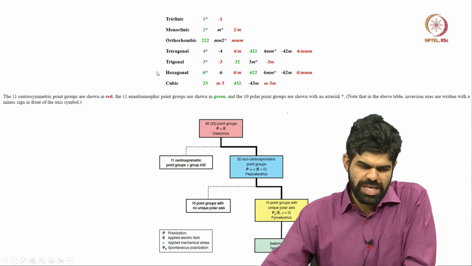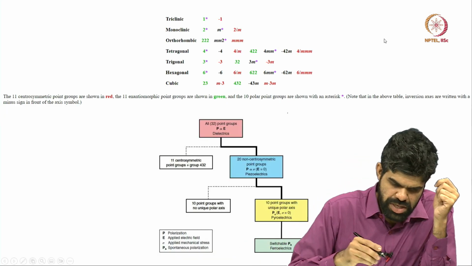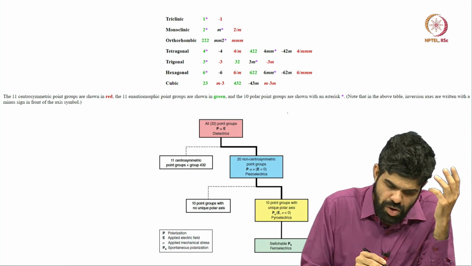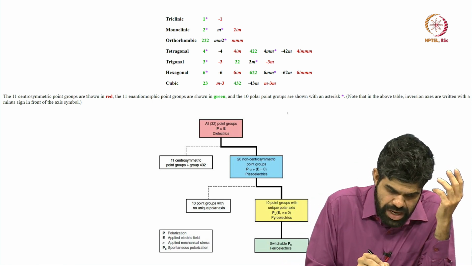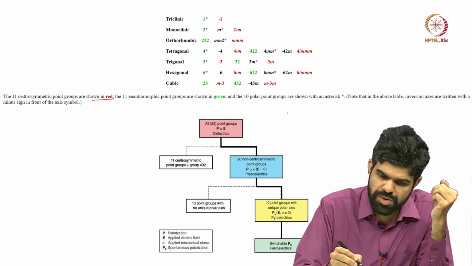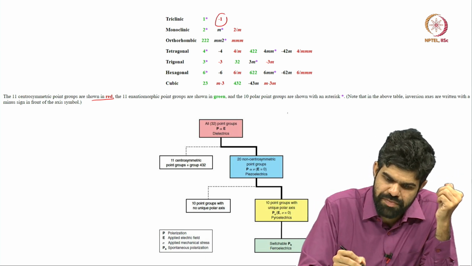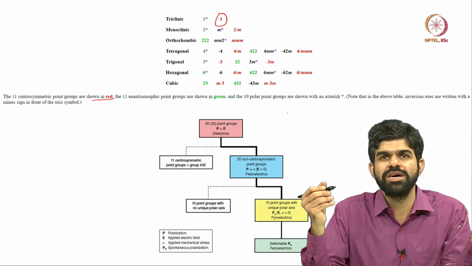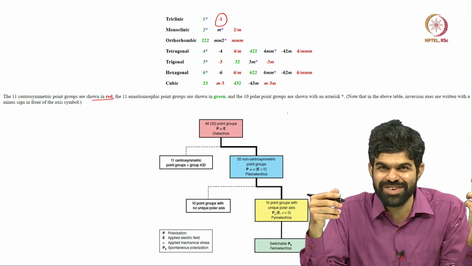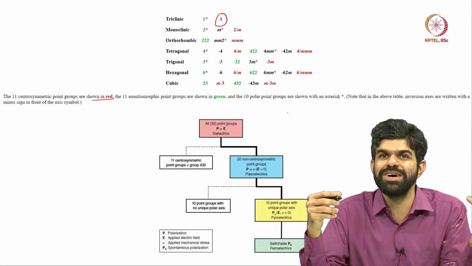So, in this slide I am actually telling you which ones are which: all the red point groups are centrosymmetric point groups. For example, 1 bar is inversion. By definition, the operation 1 bar is inversion.